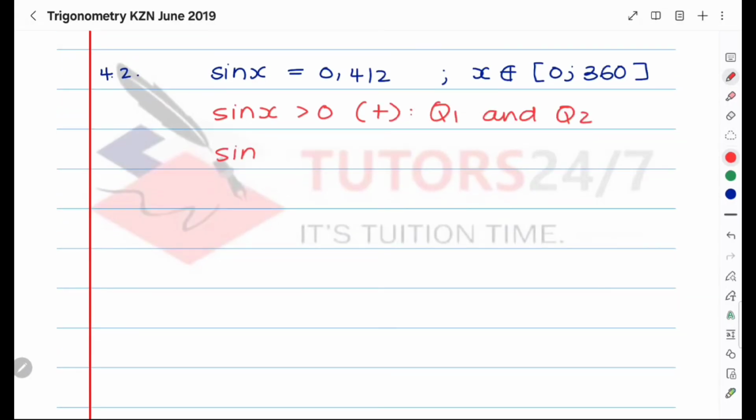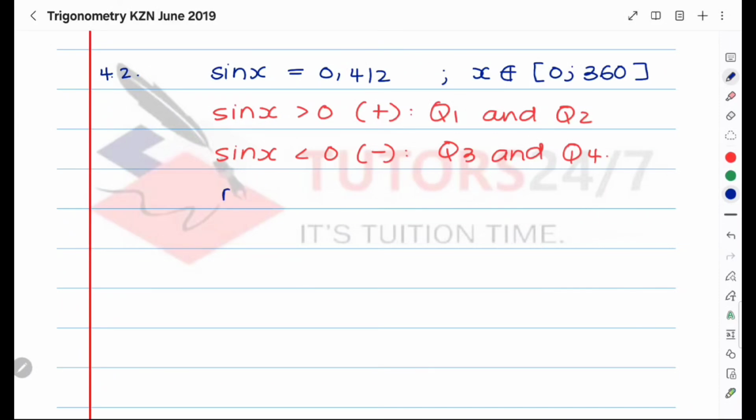But if sine x is less than 0, meaning it is equal to something negative, our solutions would be in quadrant 3 and quadrant 4. So please keep that in mind. So from here, all we are going to do is move sine over to the other side in order to get a reference angle so we can find our solution in quadrant 2.